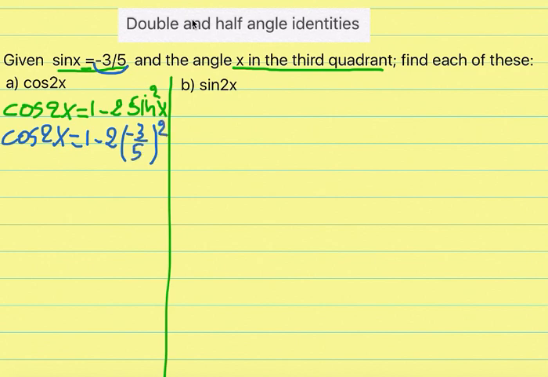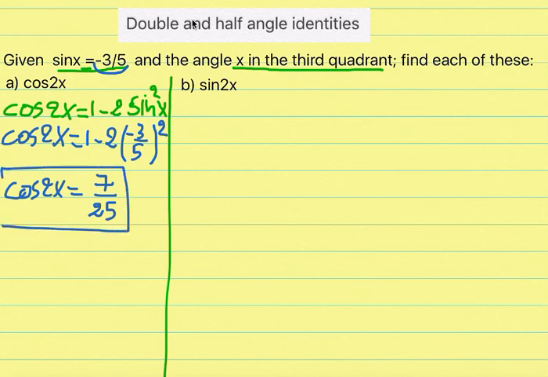Okay, and do your calculation to get cosine 2x equals 7 over 25. Just do your calculation and you get this answer. So this is cosine 2x.